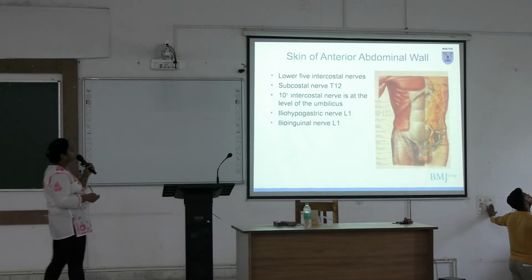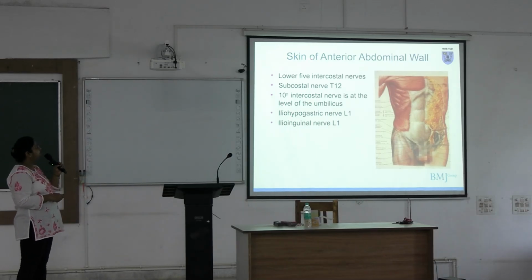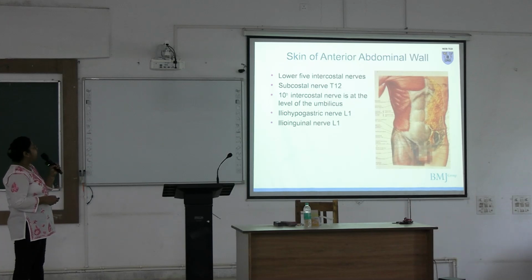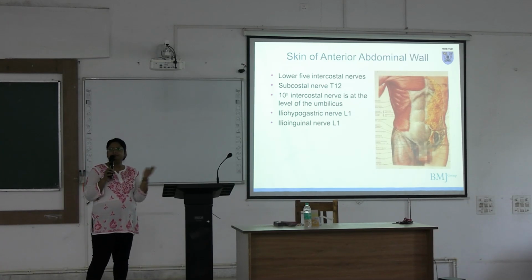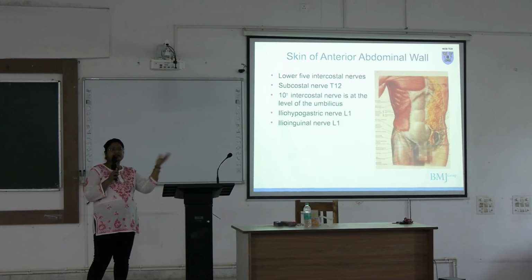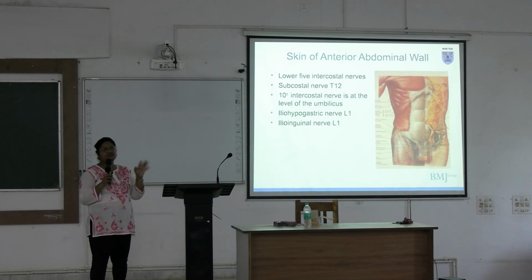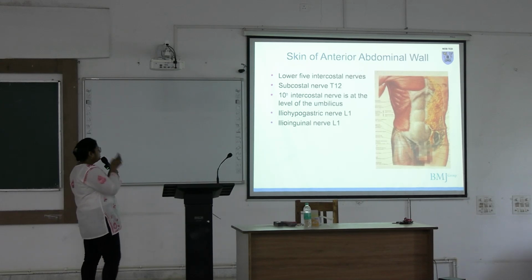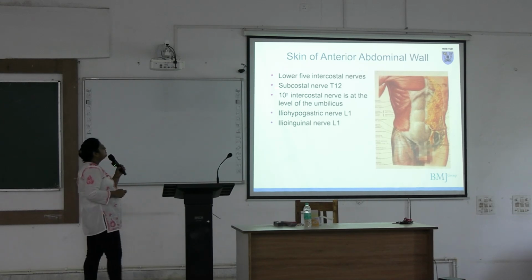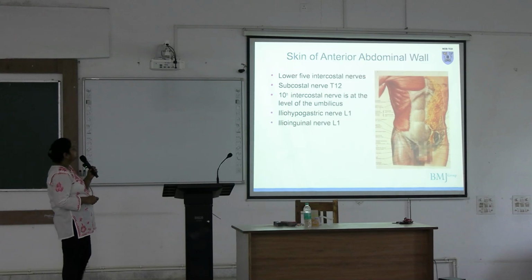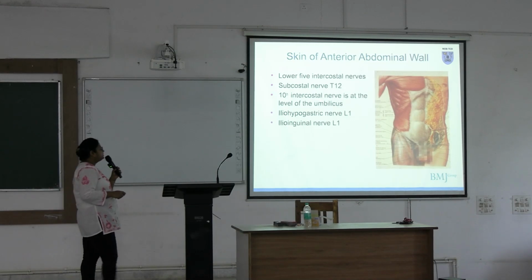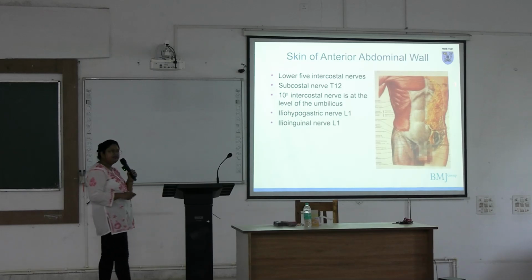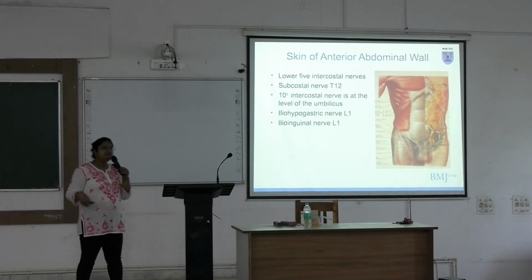And the skin of the abdomen is supplied by the lower 5 intercostal nerves. In the subcutaneous tissue, there will be embedded cutaneous nerves, like other areas you have seen in the upper limb, lower limb or thorax. These cutaneous nerves come from the lower 5 intercostal nerves and the subcostal nerve, whose root value is T12, and the 10th intercostal nerve is at the level of the umbilicus. It is a segmental supply.